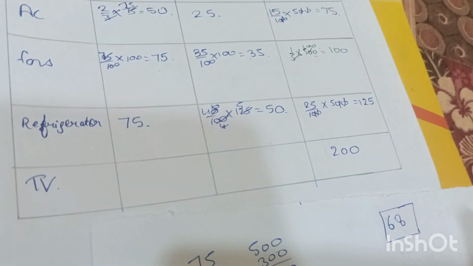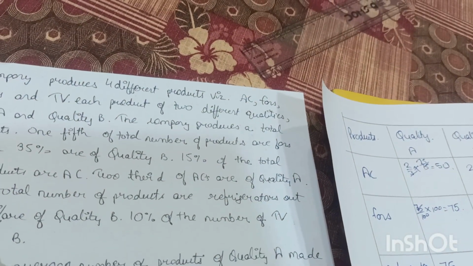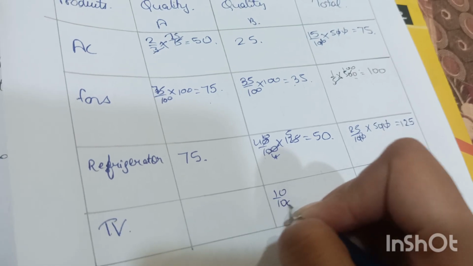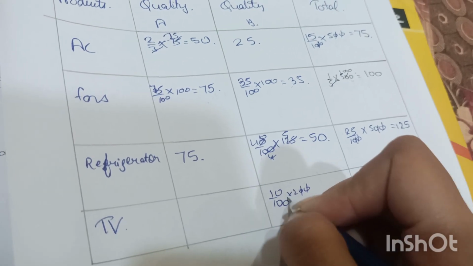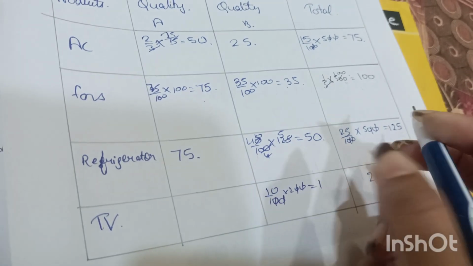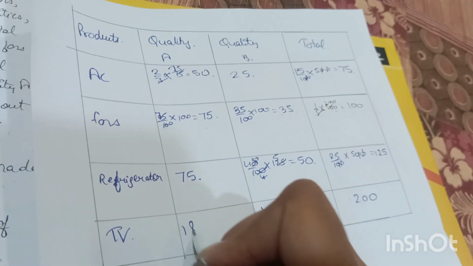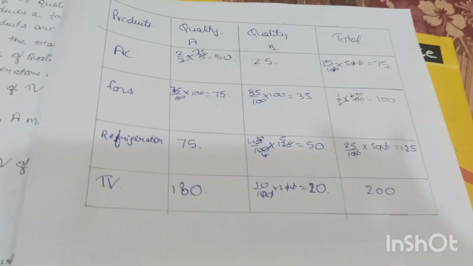So the value for TV will be 200. Then 10% of quality B, you'll get 20. Then if you subtract it, you'll get 180. So your table is made.